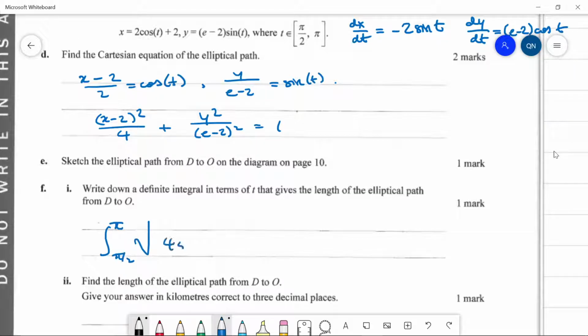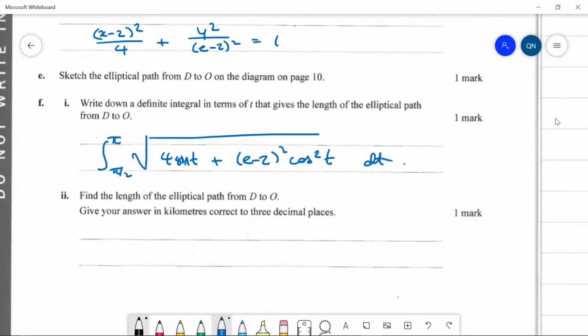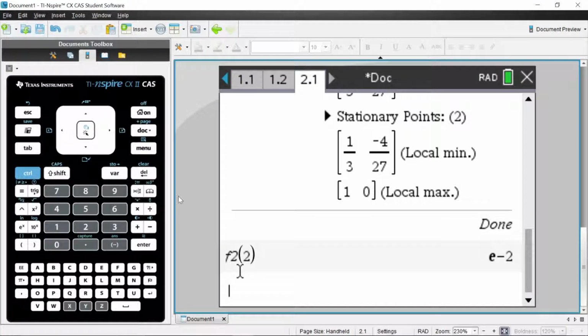So the square root of 4 sine squared of t plus (e minus 2) squared cosine squared of t, dt. Find the length, so we can just evaluate this integral.